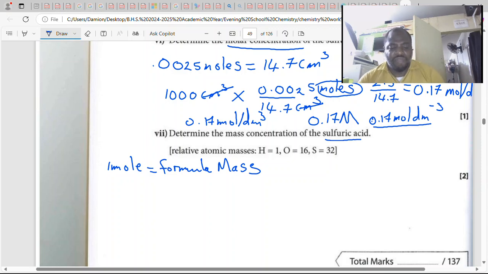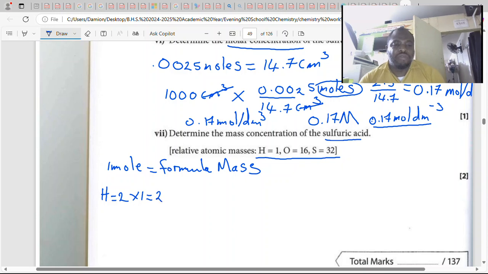Now, the question provided this. There must be a reason why they're giving you the atomic masses of the hydrogen, the oxygen, and the sulfur. So if you finish a question and you didn't use this information, maybe something is wrong. So again, you have to remember the formula. It would have been H2SO4. So it's 2 hydrogen. Each hydrogen is 1.